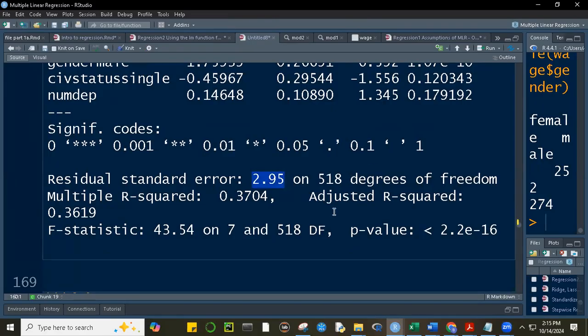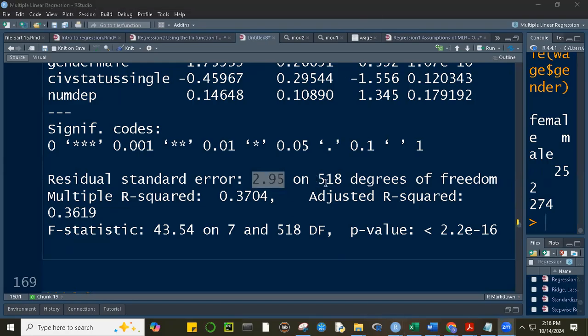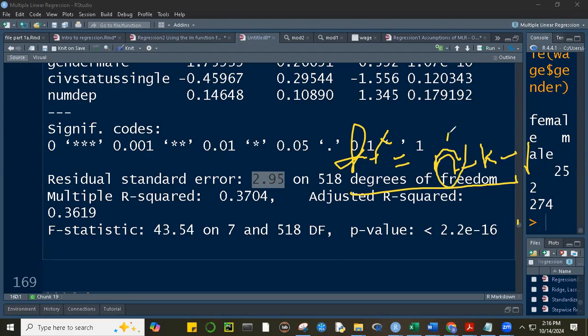Okay, the formula for the degrees of freedom is, asan yung annotation ko? Annotate degree of freedom, df is equal to n minus k minus 1. So what's this n minus k minus 1? N is the number of your observations, 526. Okay.